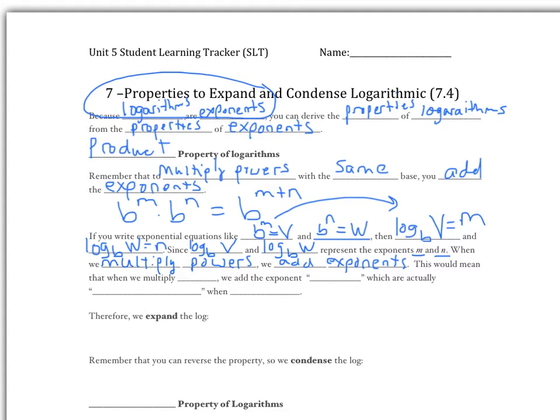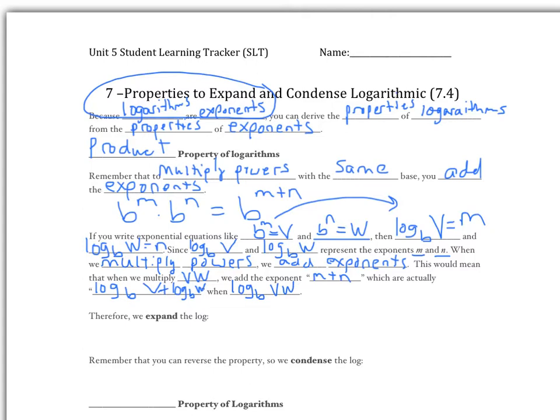This would mean that when we multiply vw, we add the exponent m plus n, which really are log base b of v and log base b of w, when we have log base b of vw.